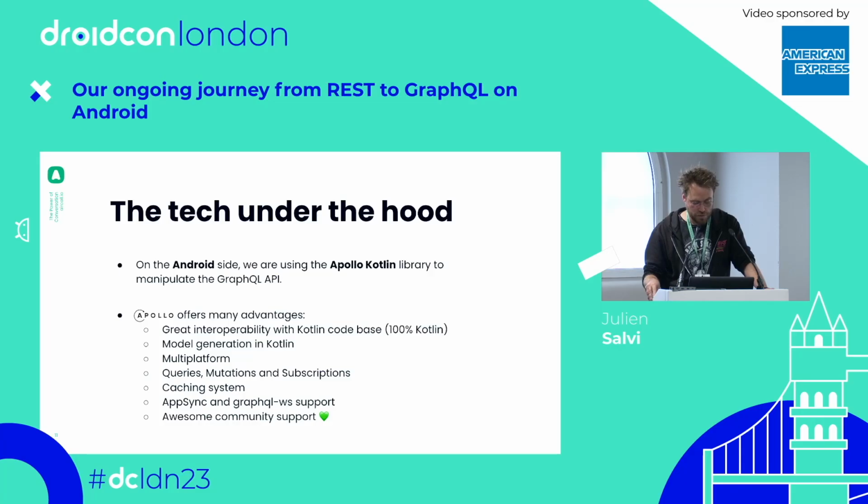The library is multi-platform. You can do queries, mutations, subscriptions, it has a caching system, and has nice support for AppSync and the WebSocket communication, and obviously the awesome community support. Apollo is gold with that.